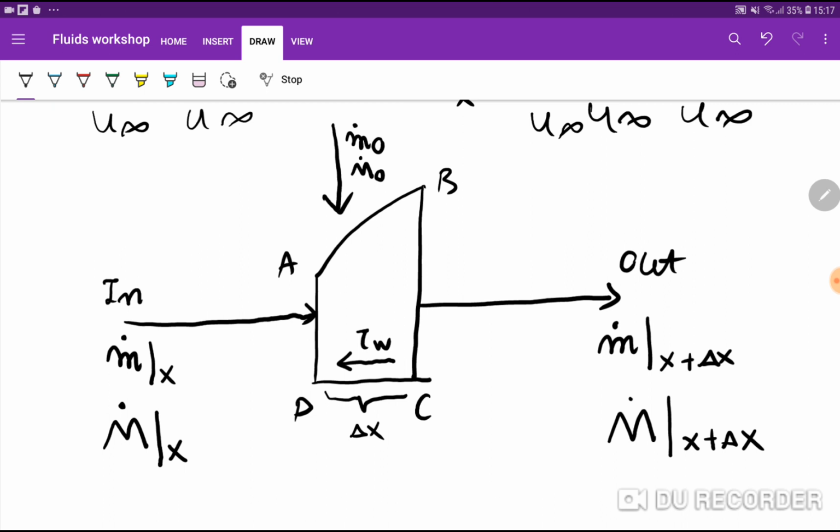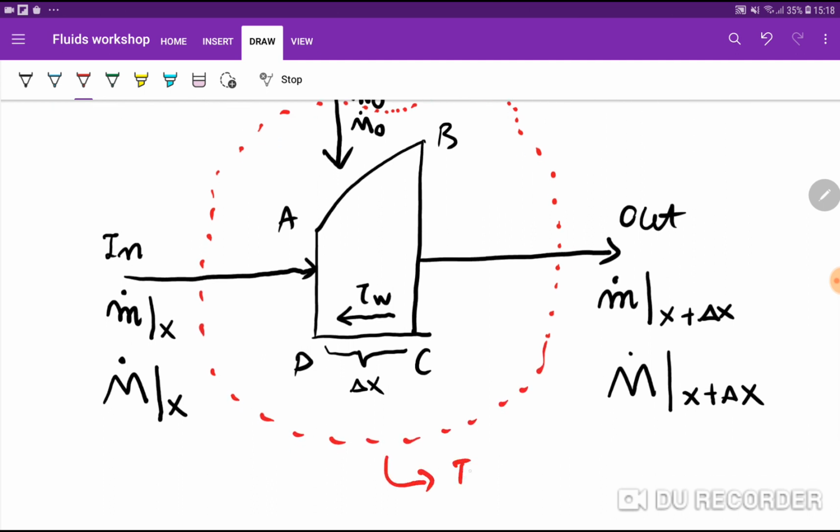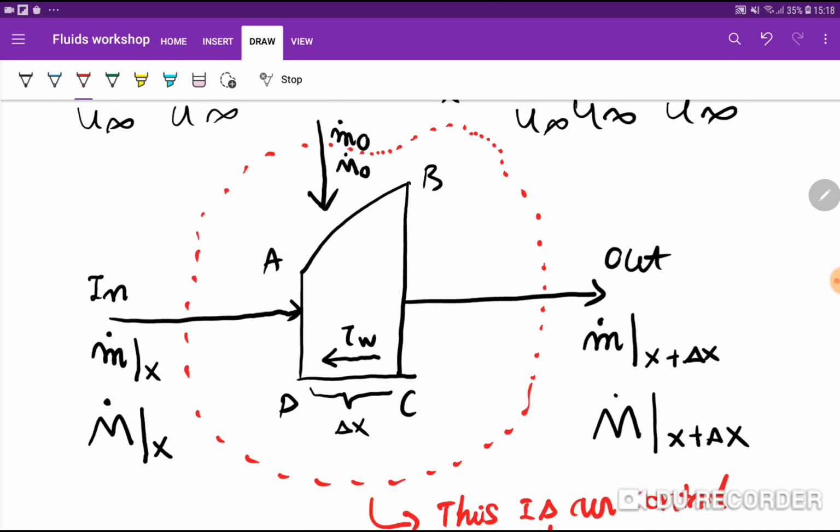So we need a control volume. What is our control volume? I will put it in red, it's going to be this. Now this is our control volume. You have this very nice picture.